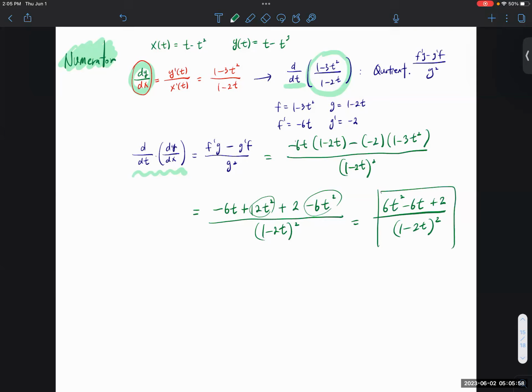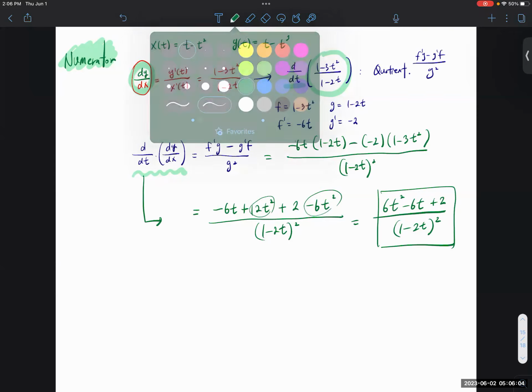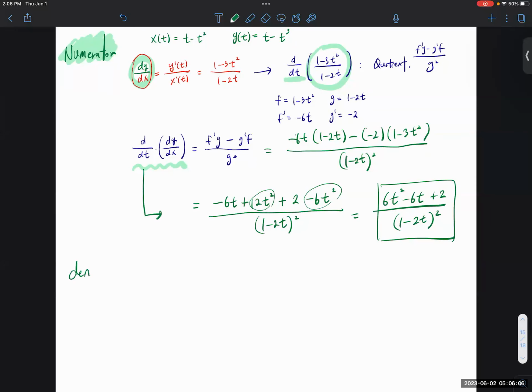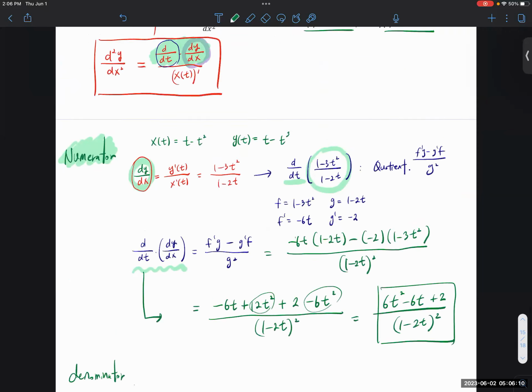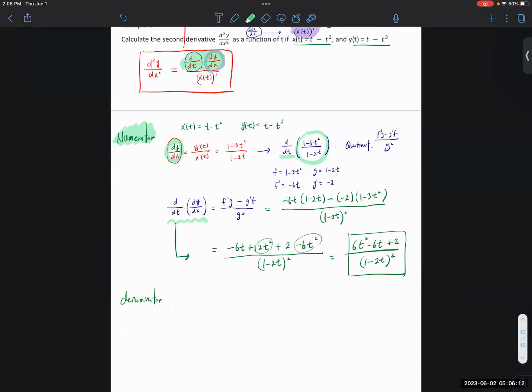This is your numerator, d over dt of dy over dx. Now we're going to do the denominator. What is it according to the formula? Just the x function derivative.